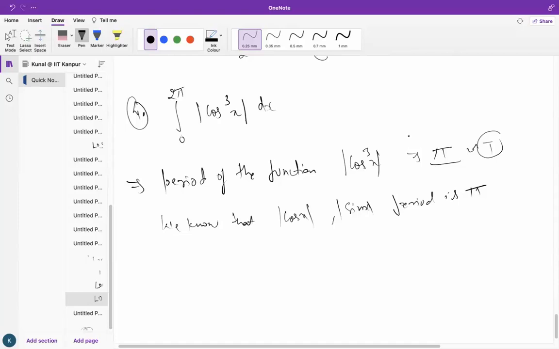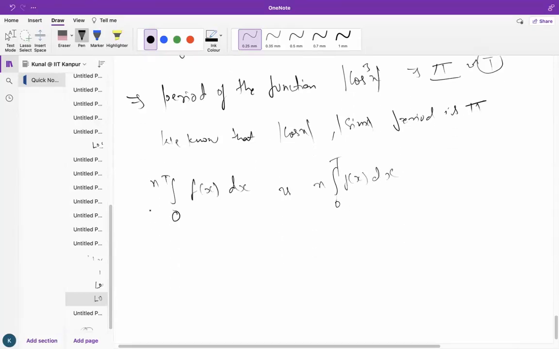Its period is π. Now what I'm trying to say here is that this function is again in the form of 0 to nT f(x) dx. So we can write it as n times the integral from 0 to T of f(x) dx. Now we are using property 4a.